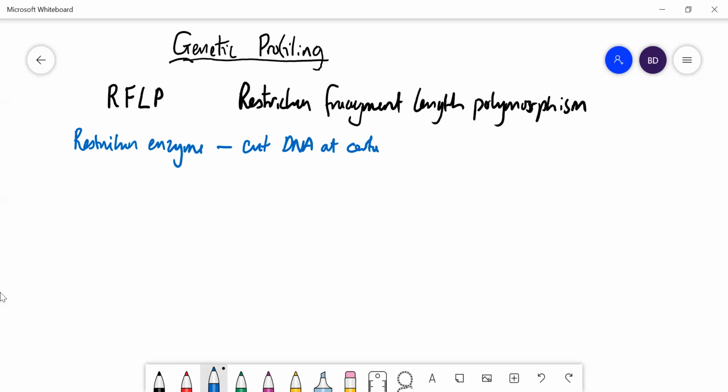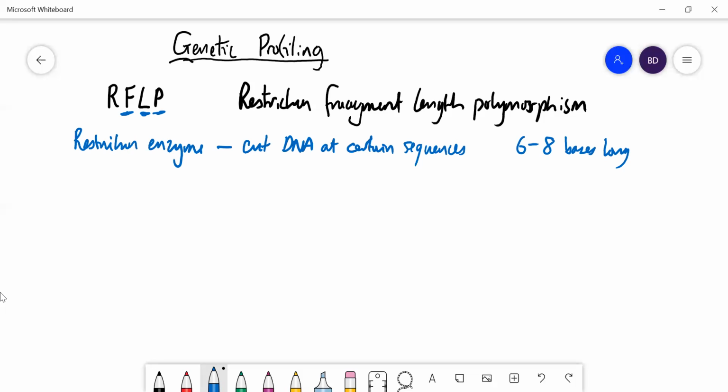Those sequences that it recognizes are usually 6 to 8 bases long. Wherever it sees that particular sequence, it will bind to the DNA and chop it. So the restriction enzymes produce fragments of different lengths, and hence the polymorphism bit.